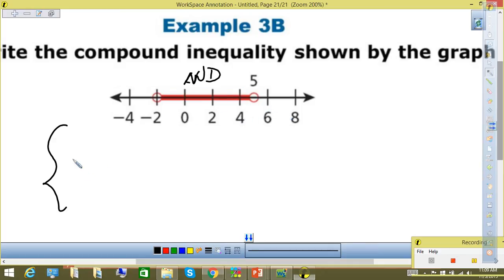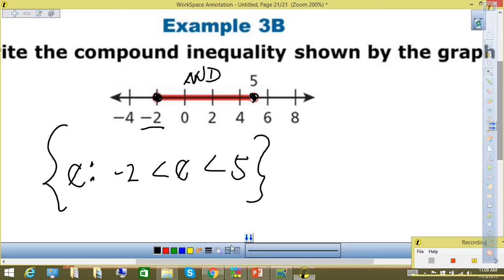I'm going to use E for Erica. Solution set E, and then what are my extremes? -2 and 5. That means the solution is in between these two. Is that correct? It's less than, not equal. But what if it had a solid point? It would be less than or equal to. Does everybody understand? And that's how you write your solution set.